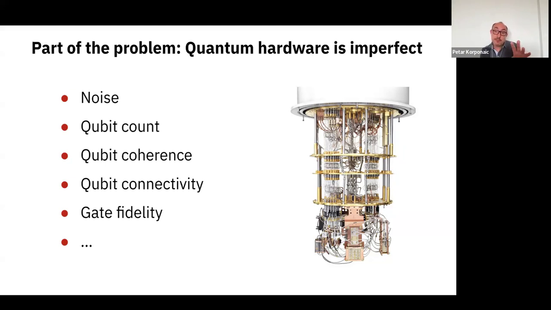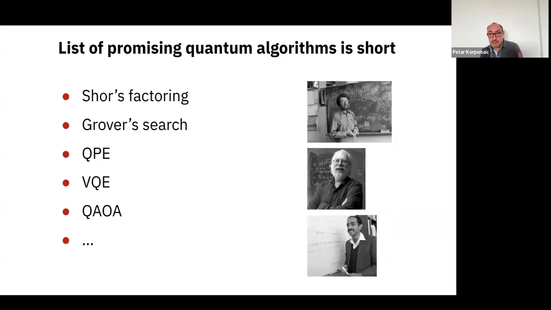Part of the problem. So why are quantum computers not commercial yet, and why are quantum computers not yet better than classical computers? One part of that problem is hardware, but the other part of the problem is software, or quantum algorithms. Quantum algorithms are a very unexplored space.